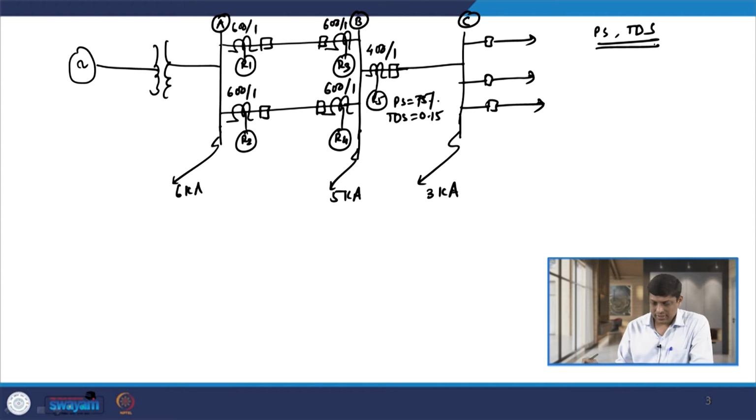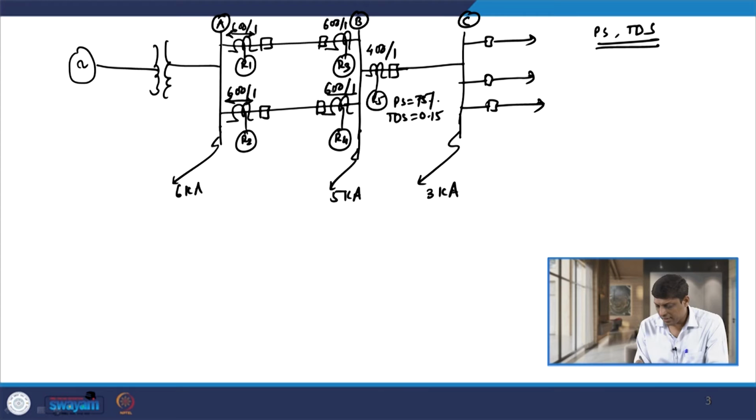Now, before we start calculating the plug setting and time dial setting of relays R1 to R4, we need to first identify which relays are directional and which relays are bidirectional. Obviously, relays R1 and R2 are bidirectional relays, so I indicate them with a double arrow like this. The relays R3 and R4 are both directional relays because there are fair chances of reversal of fault current.